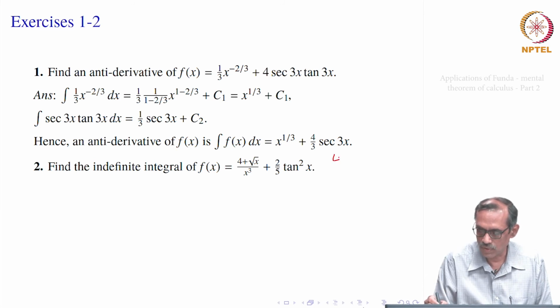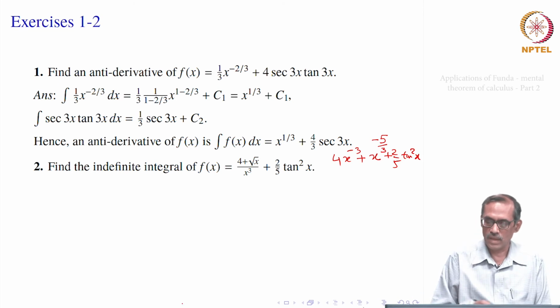So it is really 4 x to the power minus 3 plus x to the power minus 5 by 2 minus 5 by 3 plus 2 by 5 tan square x, that is how it looks. So we have to find the indefinite integral of each and then add them up.